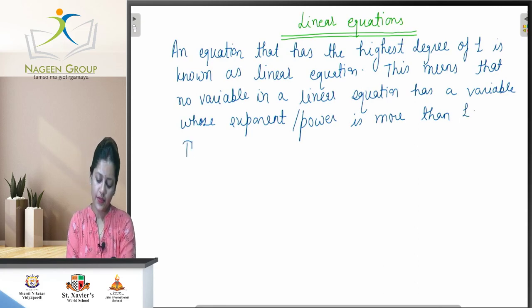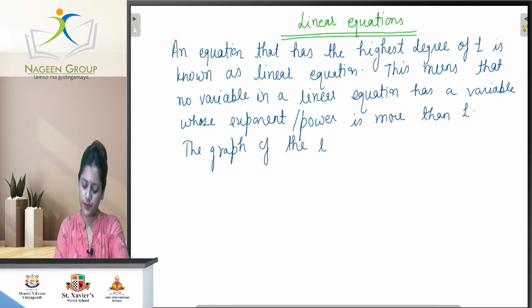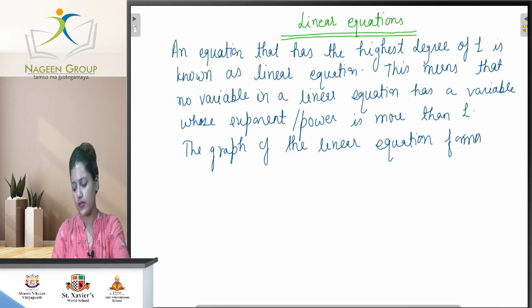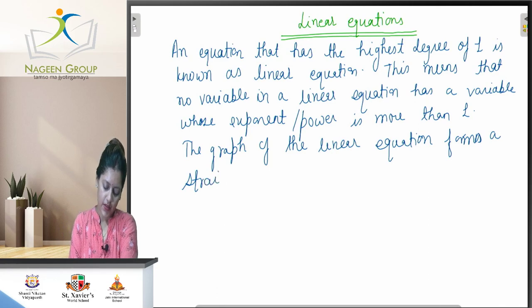The graph of the linear equation forms a straight line. What? A straight line.